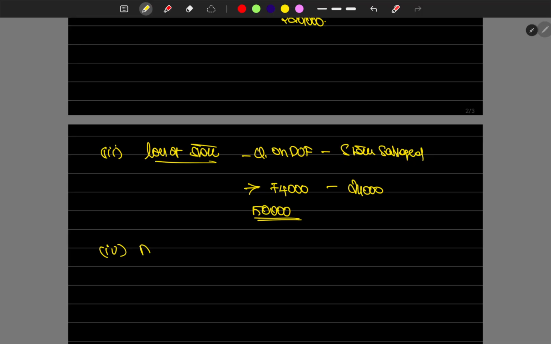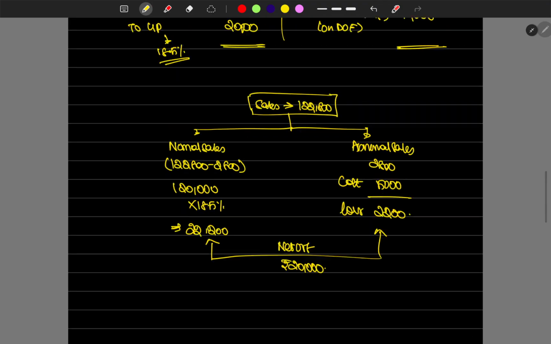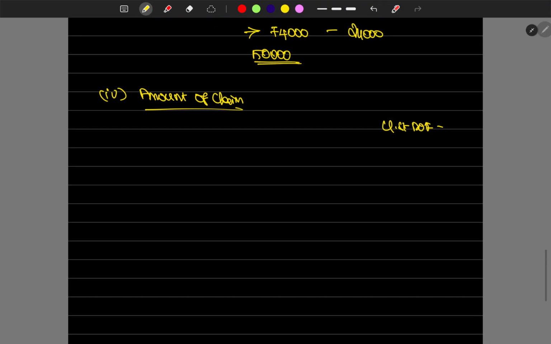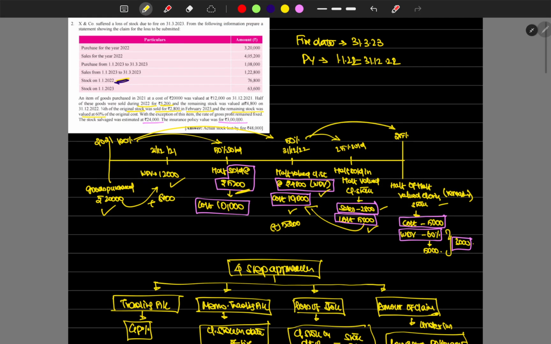So what's the amount of claim? Closing stock on the date of fire is 74,000. Policy amount, which is 3 lakhs.